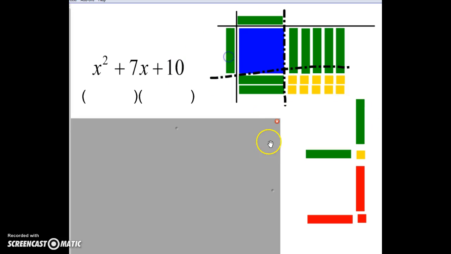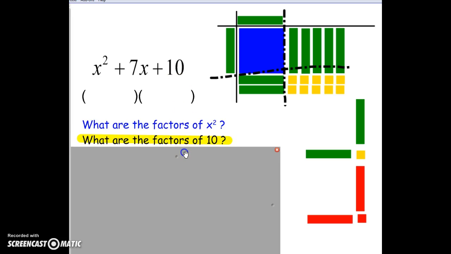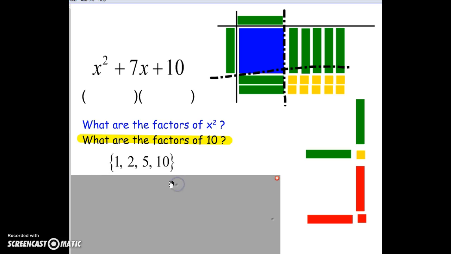Let's see. X and X. And then before we even do this, if I think about what multiplies to get to 10, I can multiply 1 times 10, or I can multiply 2 times 5. So my factors are 1, 2, 5, and 10.